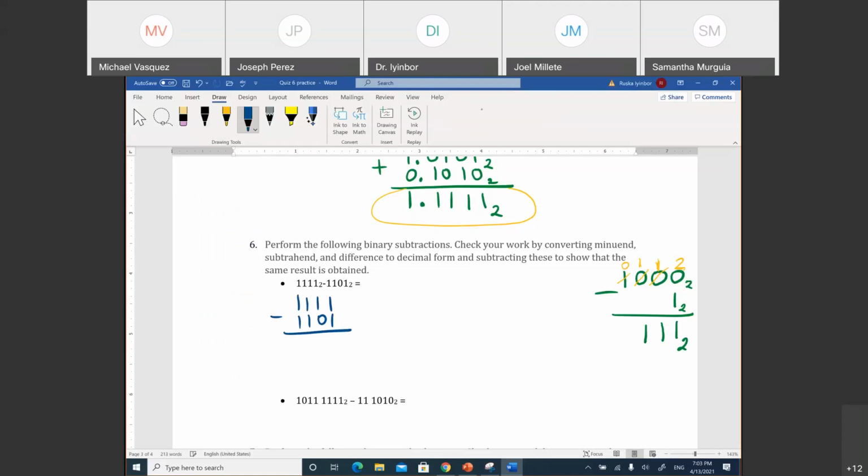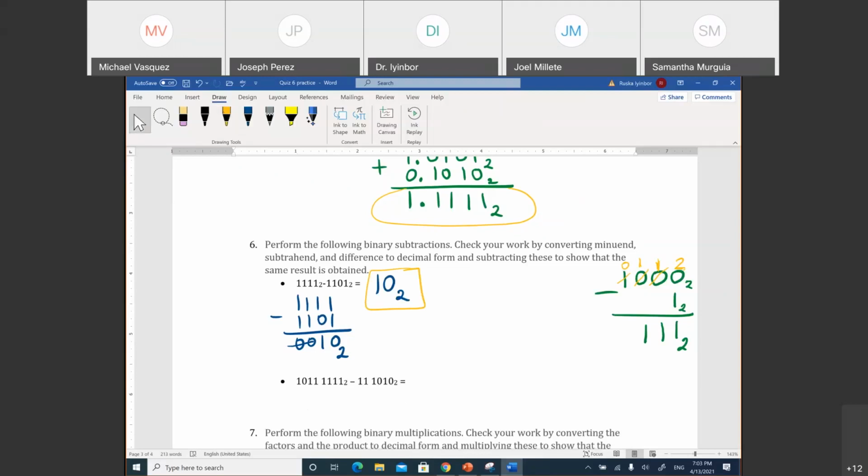So we have 1 minus 1 is 0, obviously. 1 minus 0 is 1, and then 0 and 0. So these 2 zeros in front are insignificant, so you don't have to write them. So my answer is 1, 0, binary. Okay? Everybody understand this? Any questions? And you have one more example.